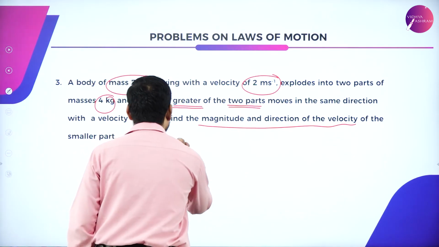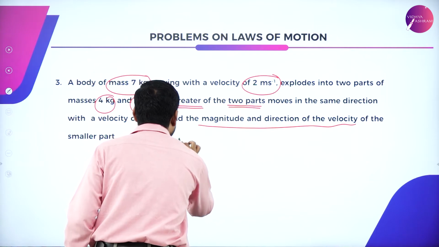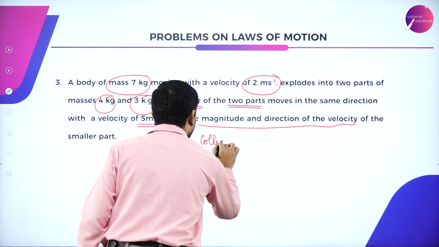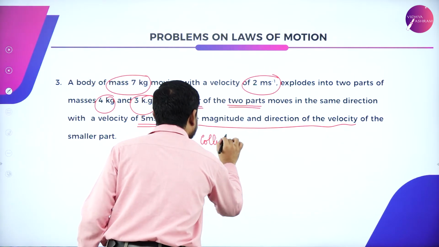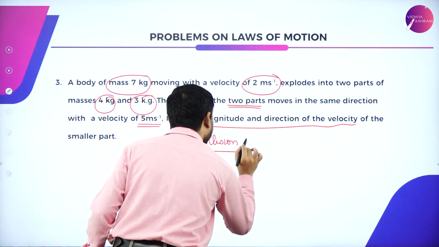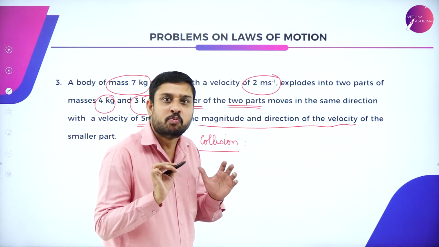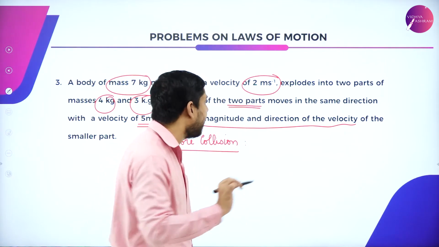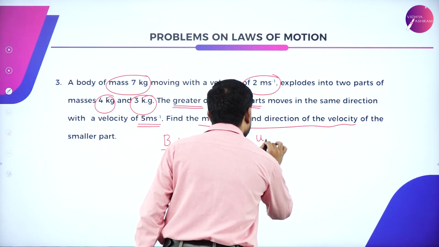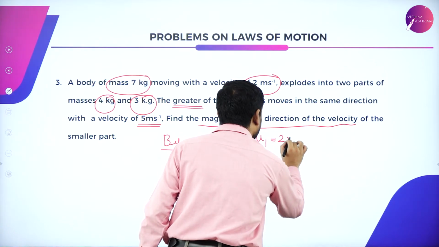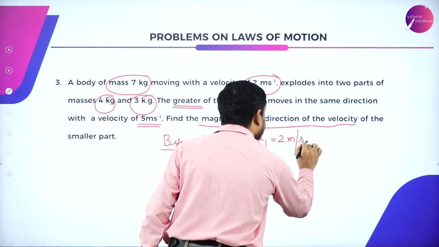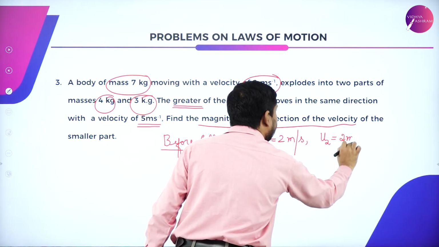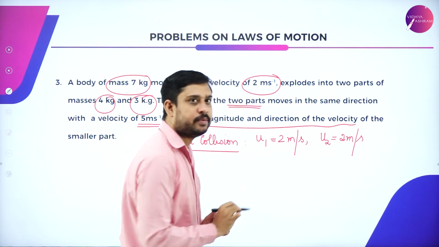Now, before collision, very important, the entire body is moving with a speed of 2 meters per second. So u1 is 2 meters per second, u2 is 2 meters per second.